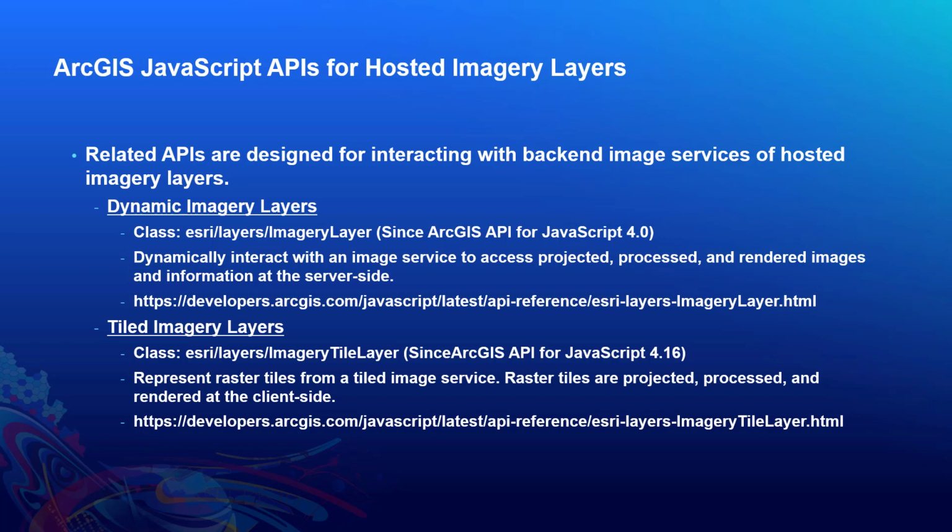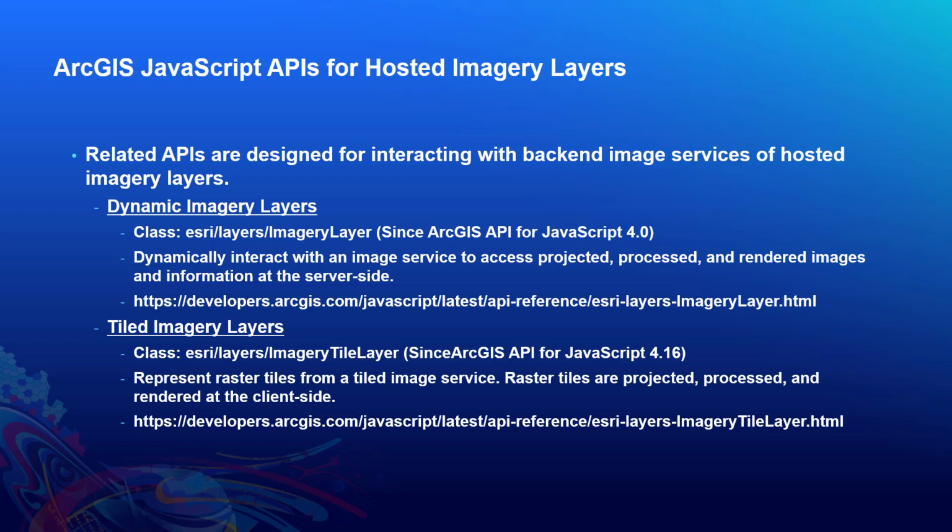For dynamic imagery layers, you will need to use the imagery layer class. It will act as an agent to dynamically interact with the backend service, and the server will handle the processing work for the data. At the client side, you just take the pictures and get information from the server, and use it.